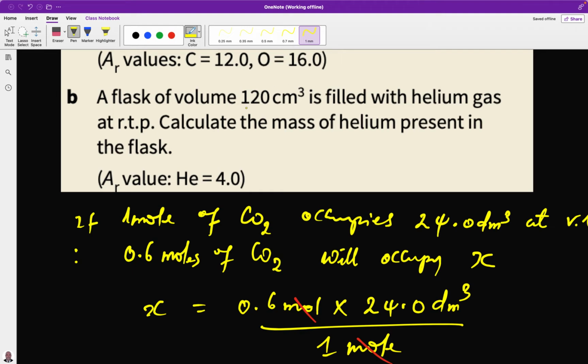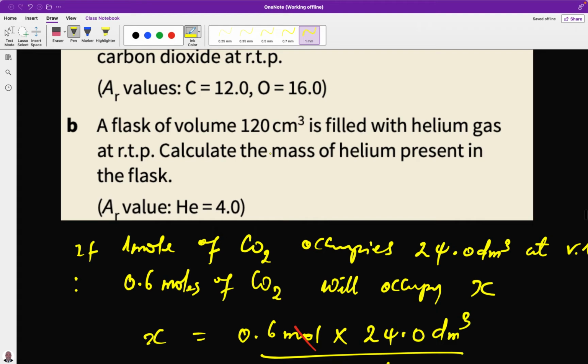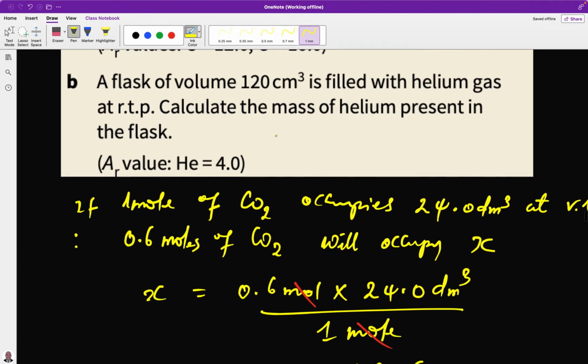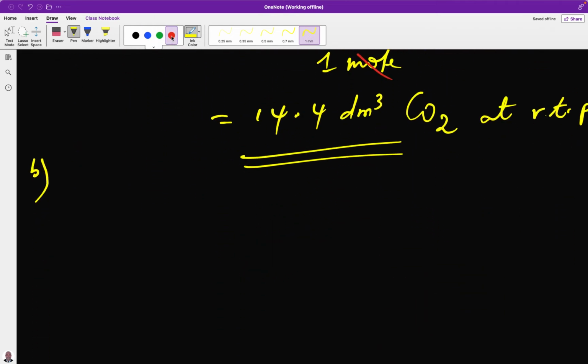So how can we use this volume to have our molar gas volume? The first thing you do here is, since the molar gas volume is calculated in dm cube, we have to convert 120 cm cube to dm cube, and then from there we can work it out. 120 cm cube of helium is equal to 0.12 dm cube.